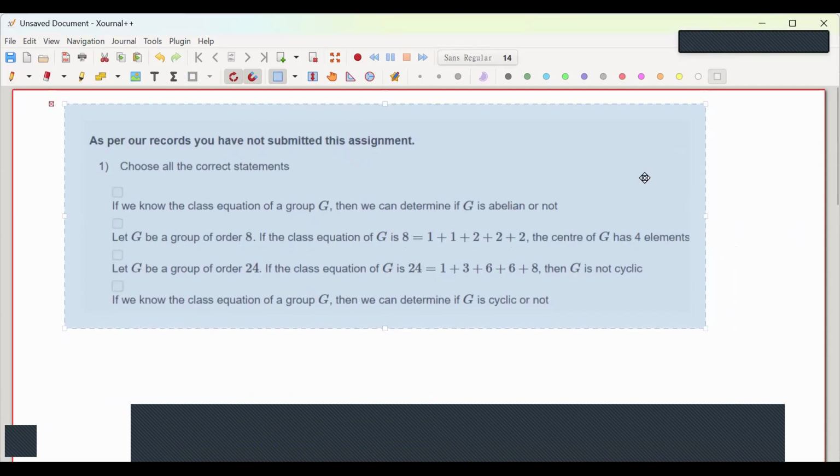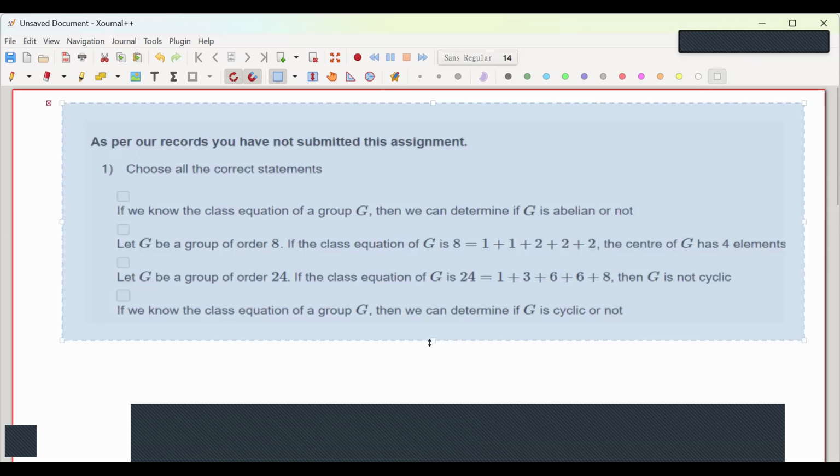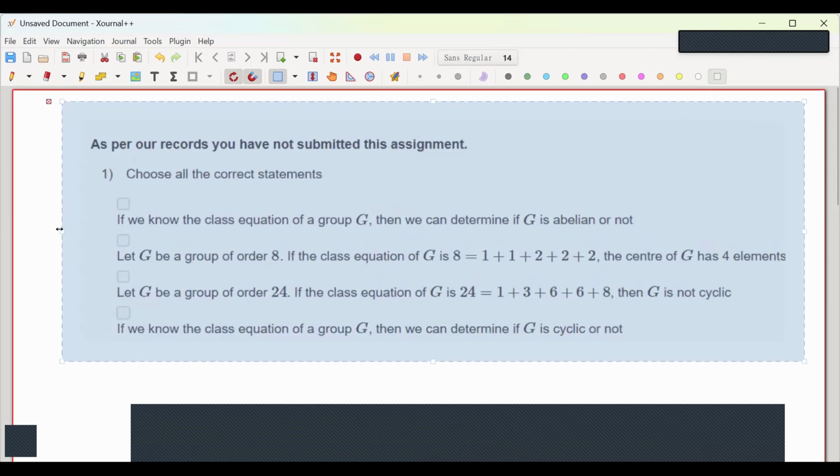It is showing I have not submitted the assignment. You can see the question now.